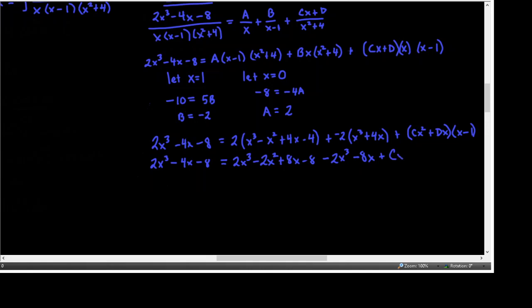That's cx cubed plus dx squared minus cx squared minus dx.